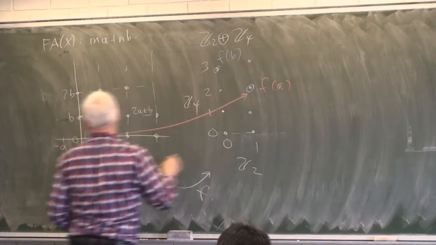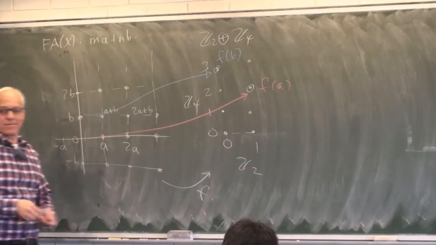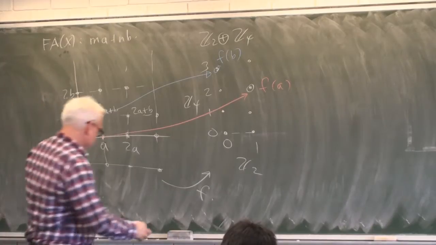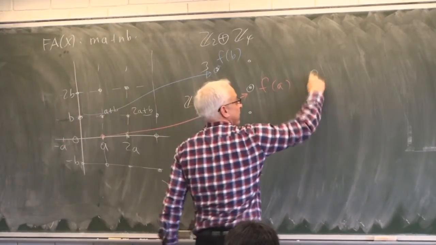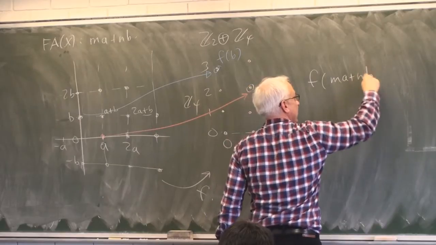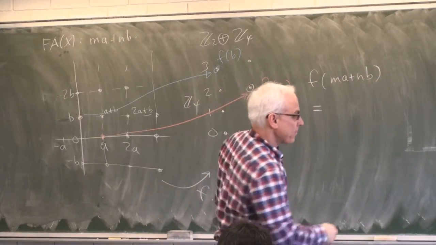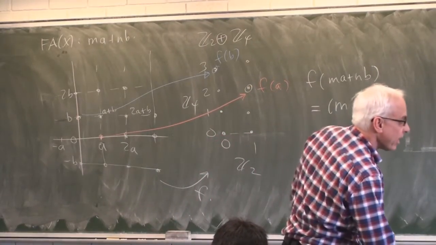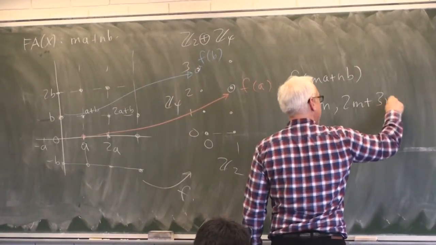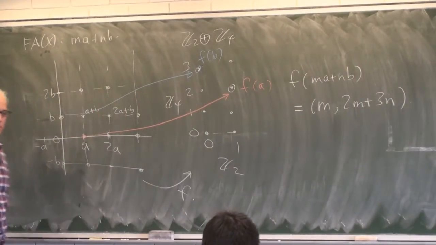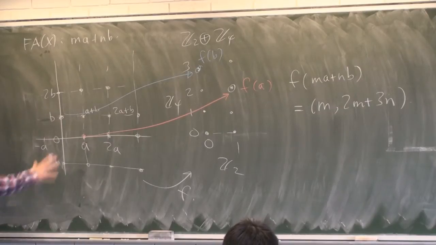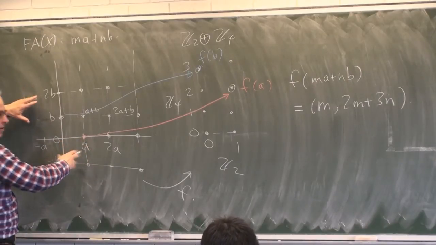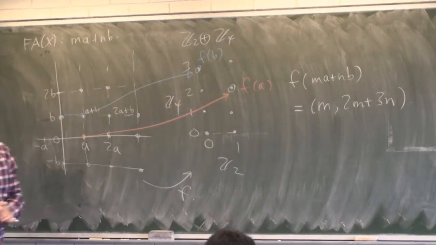There's f of B. And the typical point mA plus nB, we decided went to m, 2m plus 3n. So that's a homomorphism from this big doubly infinite free group to this very finite group.